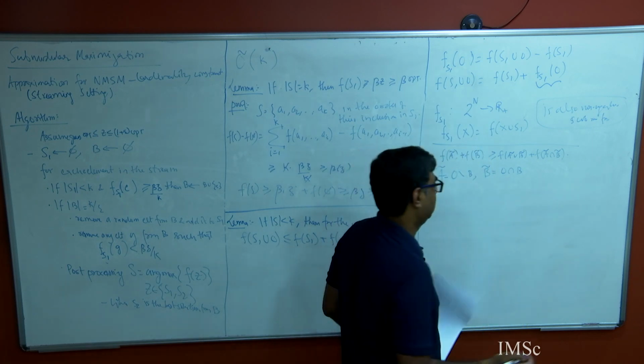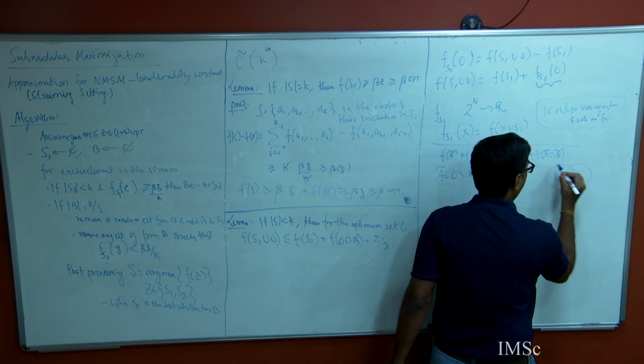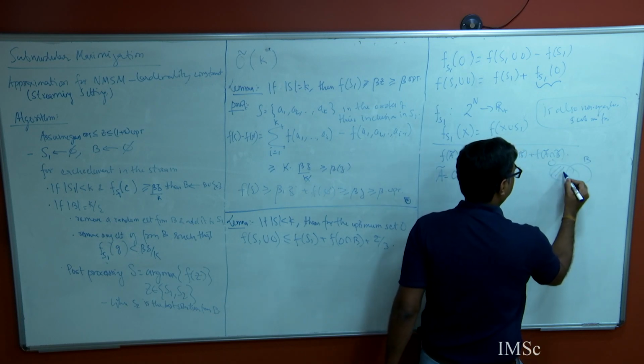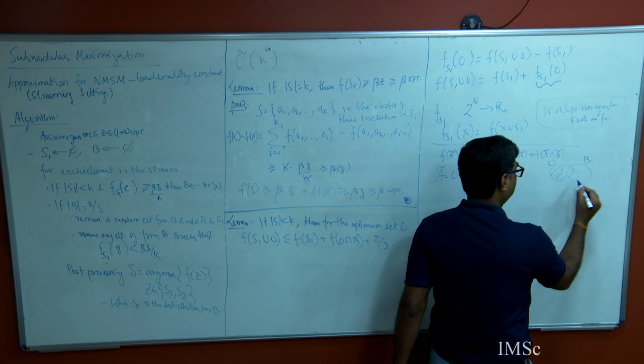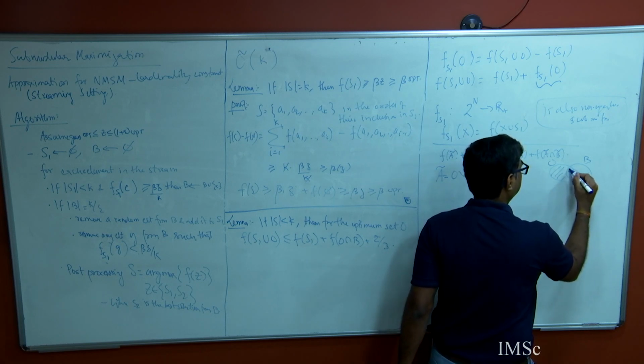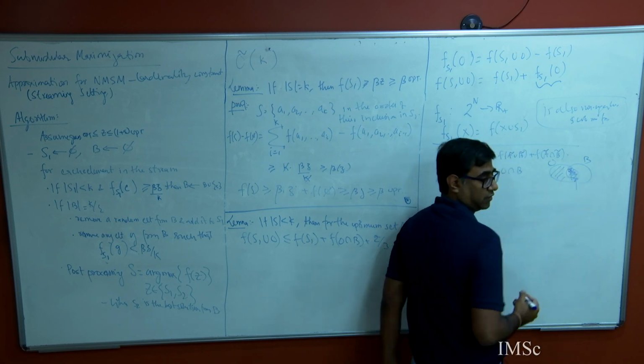If you look at O and B, this is O minus B, and this is O intersection B.